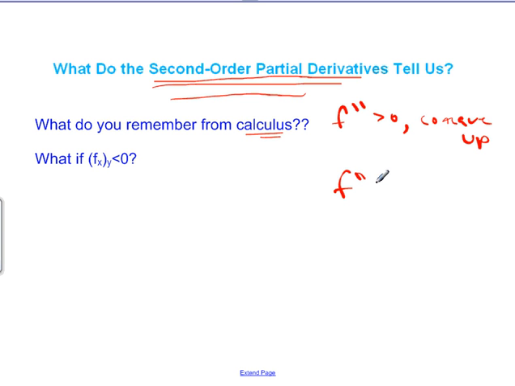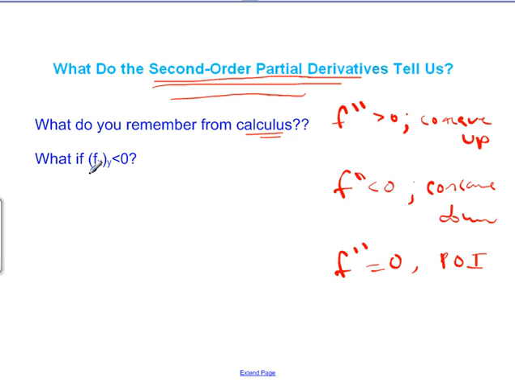Similarly, when it's less than 0, our function is concave down. And when it equals 0 and then changes sign, we have a point of inflection. We're going to show similar things here.